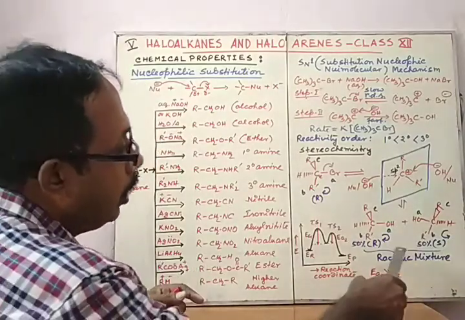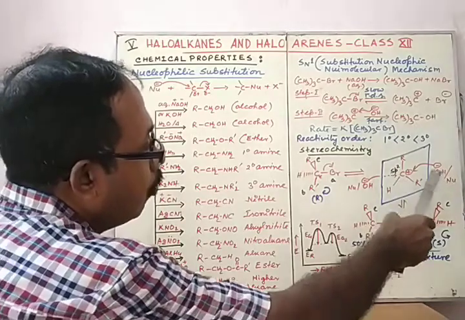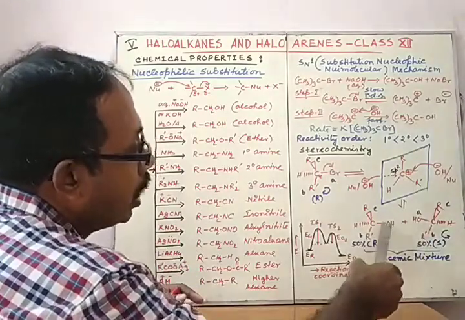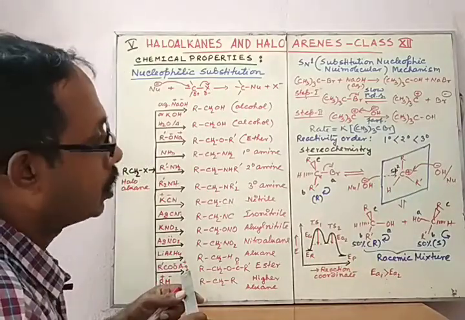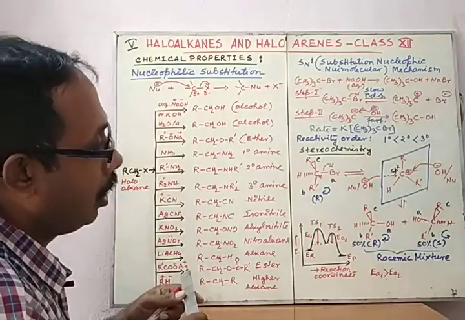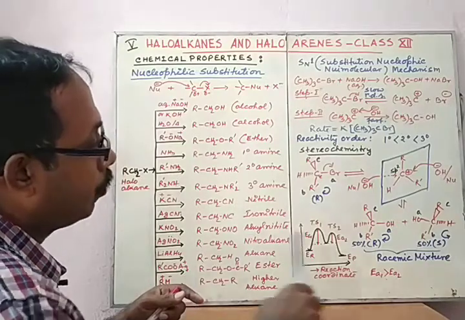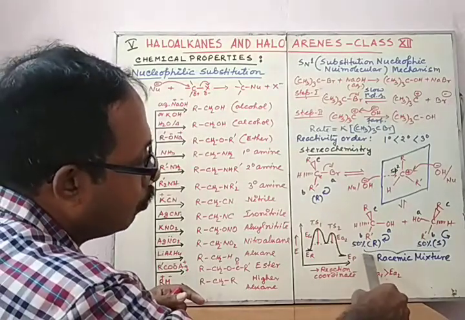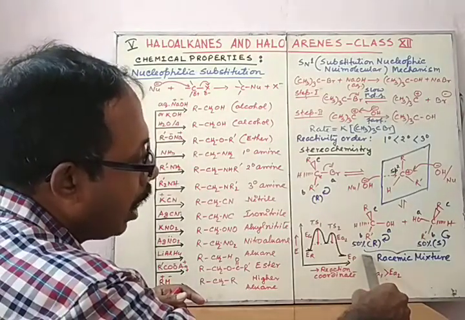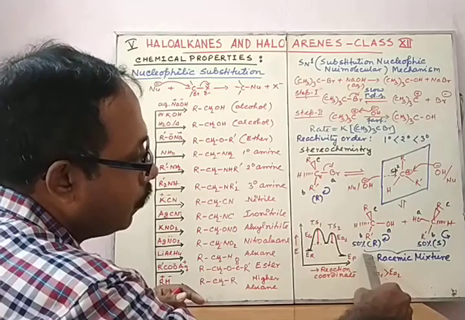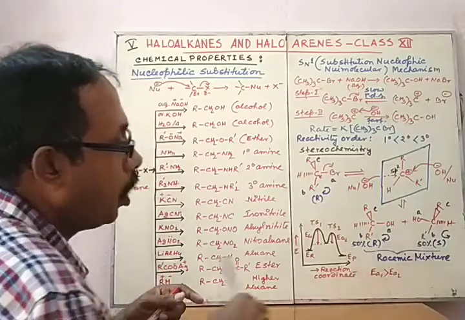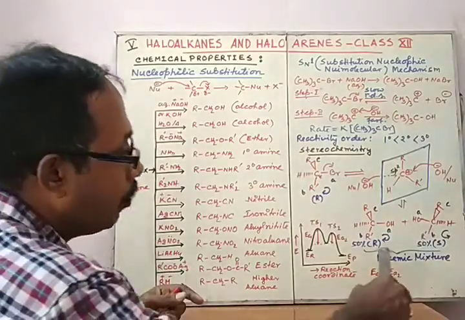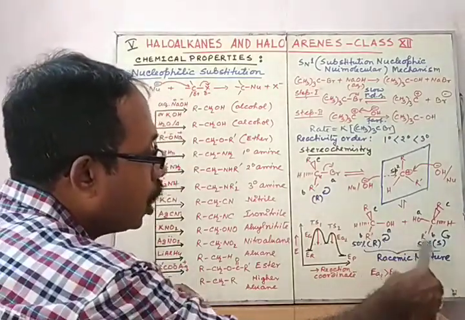So the probability of formation of these two compounds, because it is a planar one, there is a 50% chance of attack of the nucleophile from both sides, therefore the resultant products can also have a yield of 50% and 50%. So what will happen? The resulting mixture will be optically inactive. That means it will be a racemic mixture.